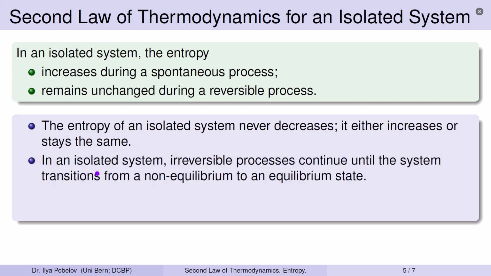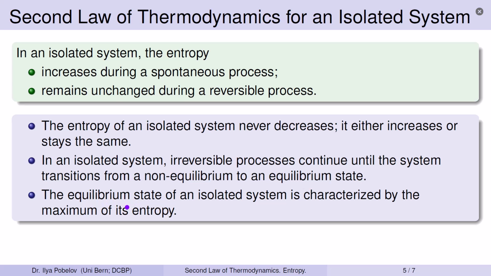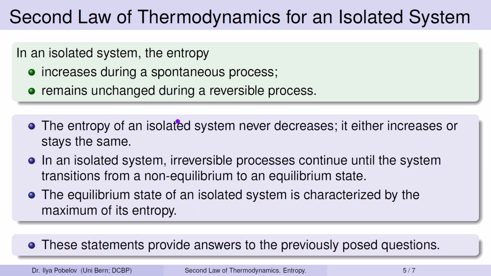In an isolated system, irreversible processes continue until the system transitions from a non-equilibrium to an equilibrium state. The equilibrium state for such a system is characterized by the maximum of its entropy. These statements provide answers to the questions posed in our earlier discussion.